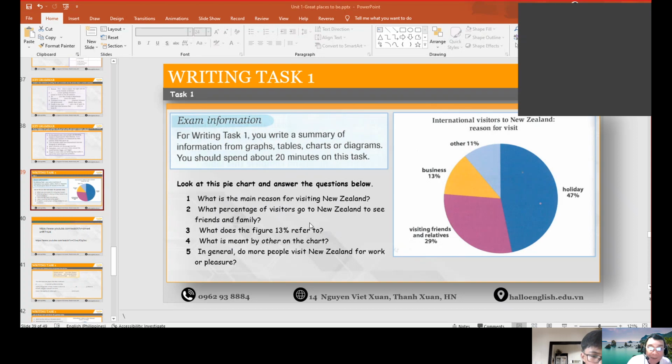Now, in an IELTS exam, sometimes there are questions that you need to answer. But sometimes you just have to write automatically a summary of that graph or chart. There would be no guide questions for that. Okay, Koi? Did you understand?